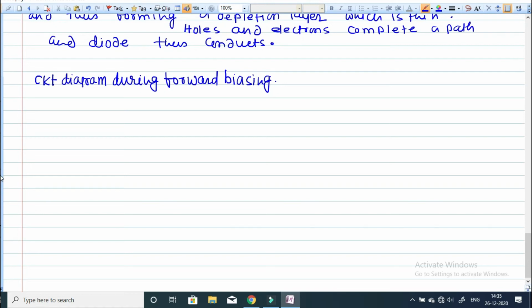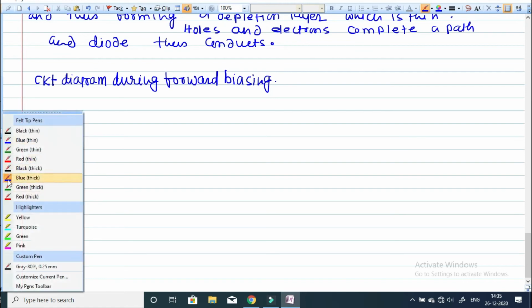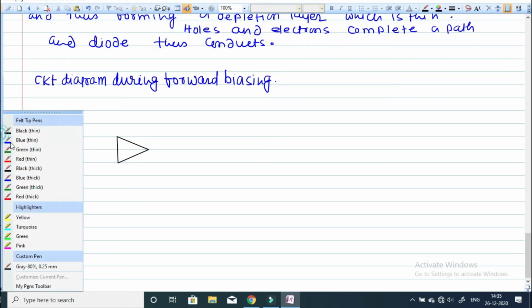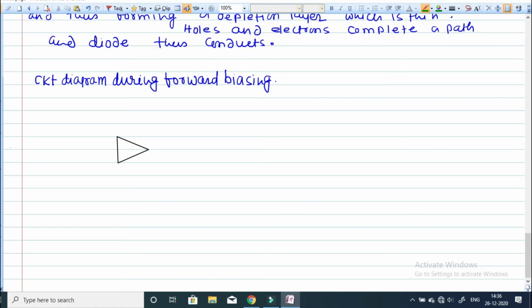This is our diode. Two terminals are there.